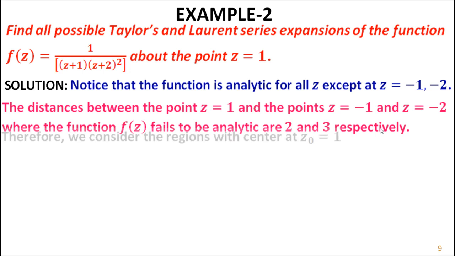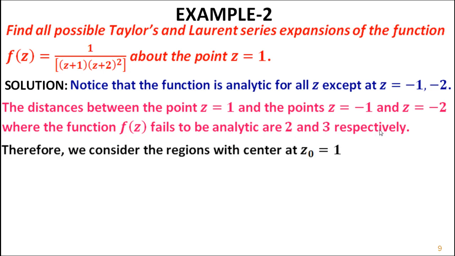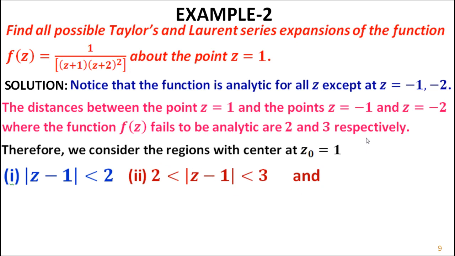Therefore, we consider the regions with the center at z0 is equal to 1 as number 1, mod of z minus 1 is less than 2, and number 2, 2 is less than mod of z minus 1 is less than 3, and mod of z minus 1 is greater than 3.